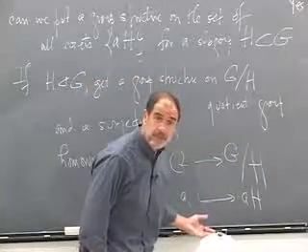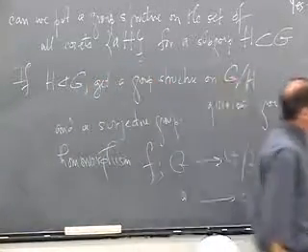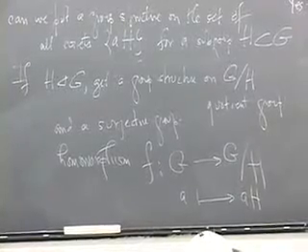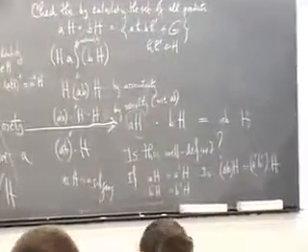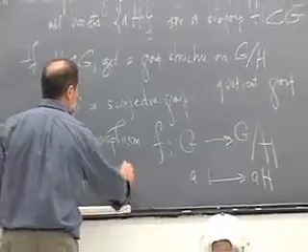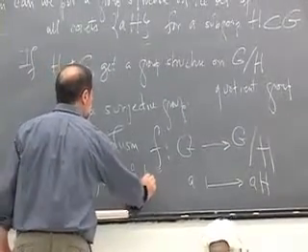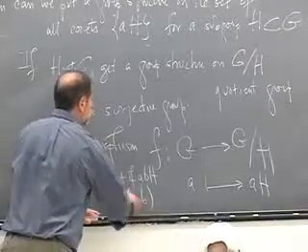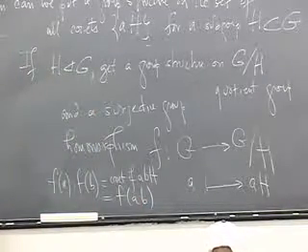That's surjective because every coset is the coset of something. And it's a homomorphism because f of A times f of B is the coset of ABH, which is f of AB.